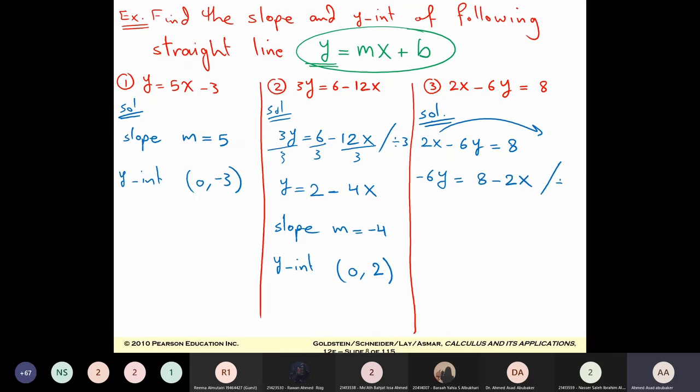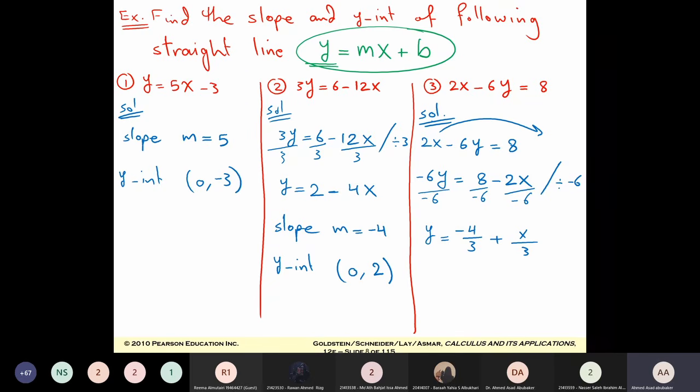Now we need to divide by negative 6, over negative 6, over negative 6. We have y equals negative 4 over 3 plus x over 3. After simplifying, negative 2 over negative 6 is positive 1 over 3.